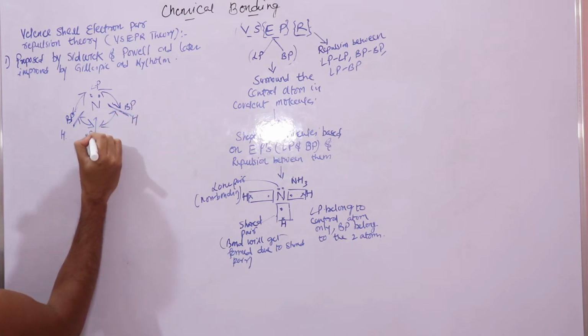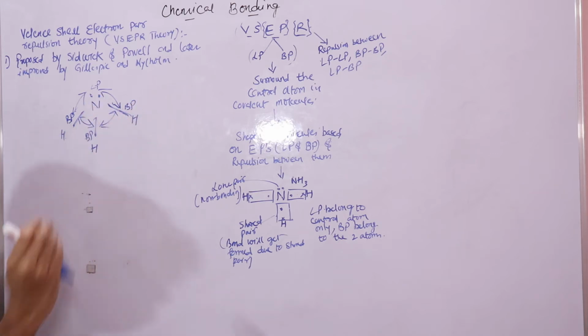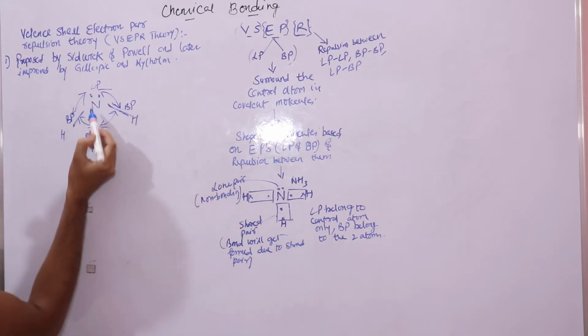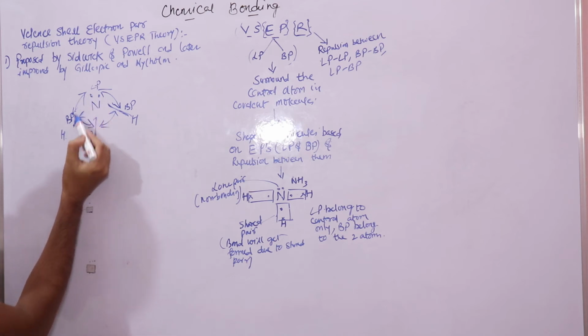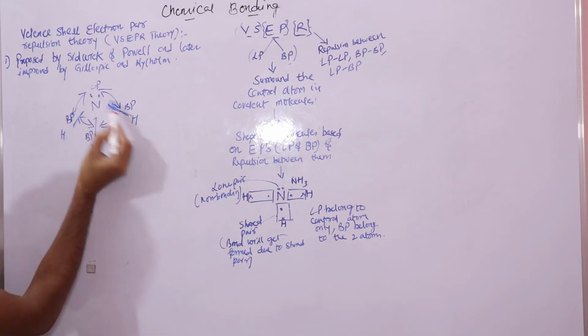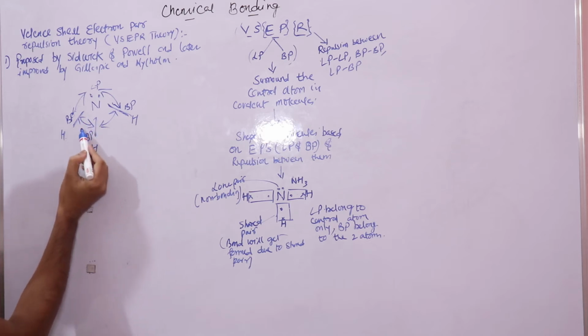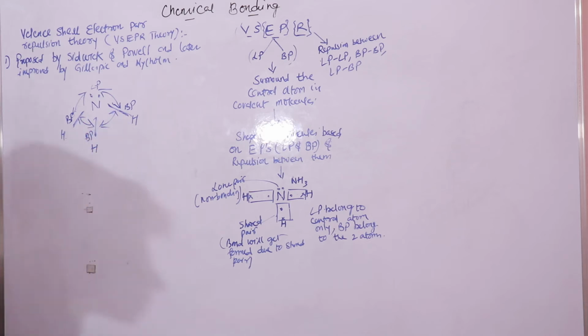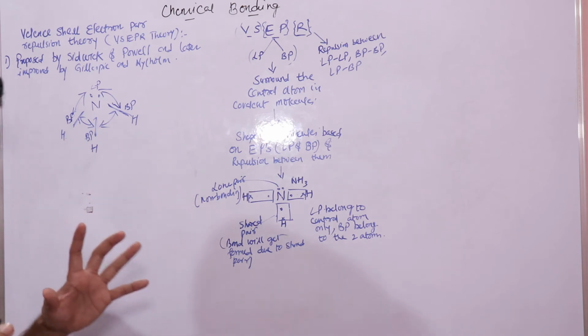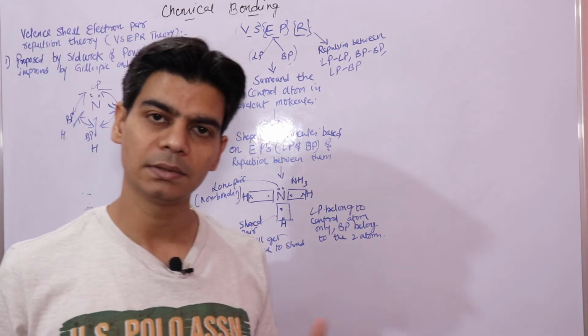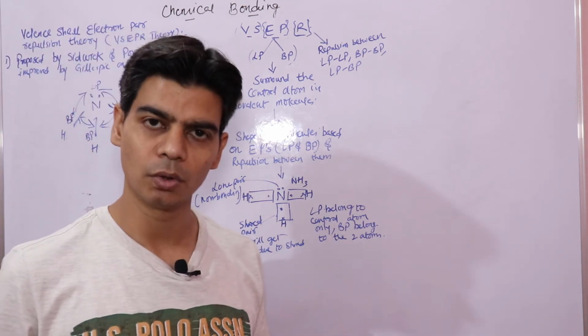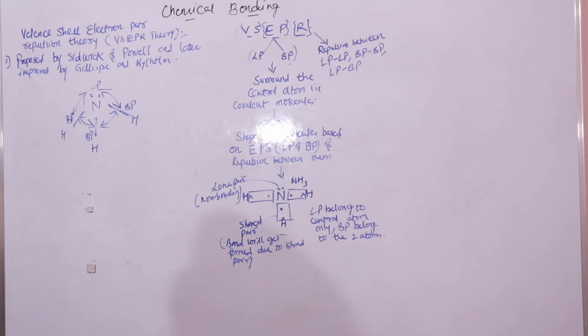This is your bond pair. So here you can see we have only one lone pair, so there is a force of repulsion between this lone pair and this bond pair, force of repulsion. Similarly, we have force of repulsion between these two bond pairs of electrons, right? So it is this force of repulsion that will decide the shape of the molecules, right?